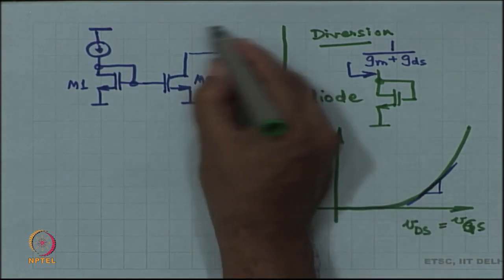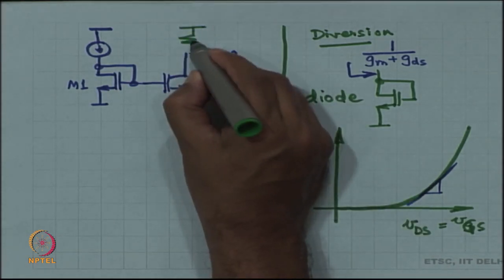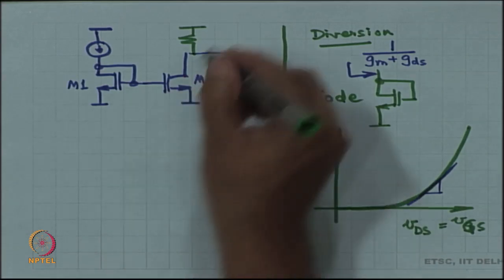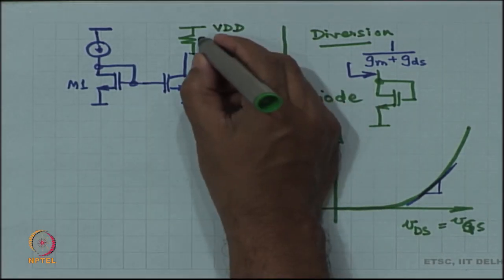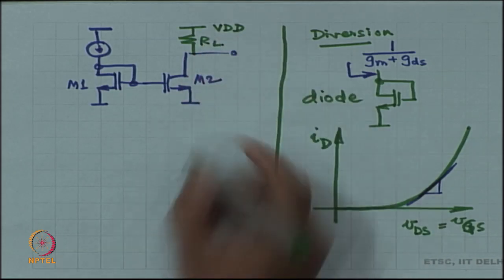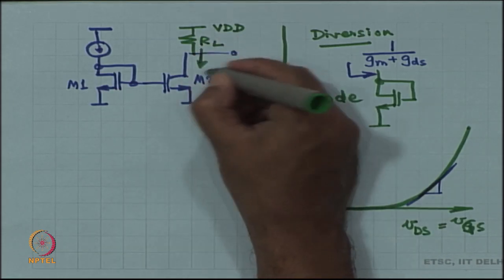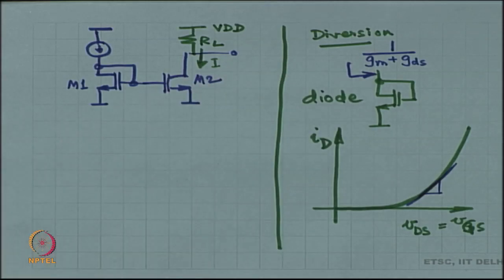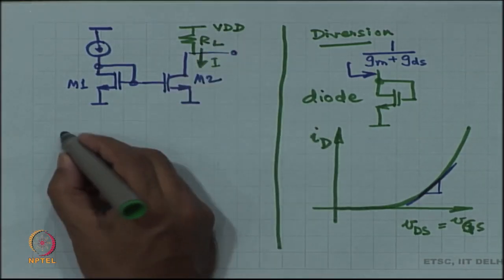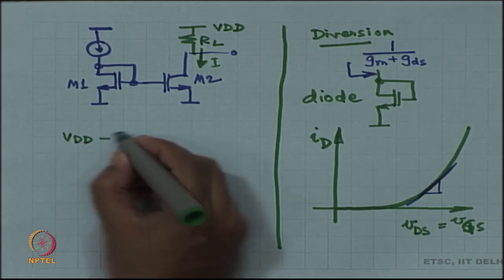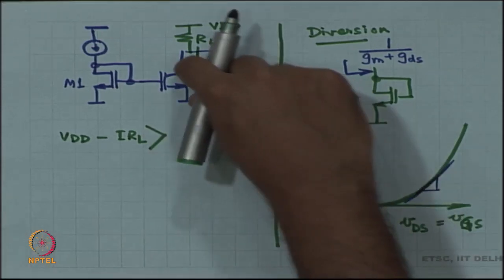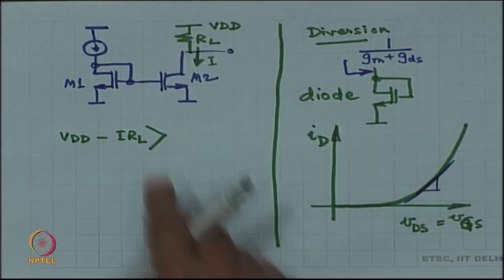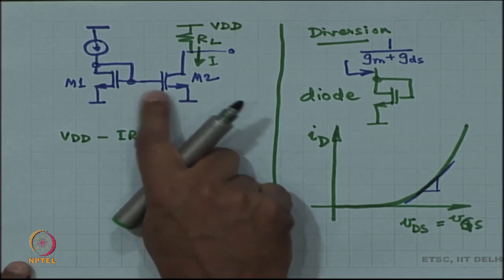And for this we have to work out the load. So, suppose you have got a load to a voltage VDD. So, VDD minus I times RL, that is VDS, has to be more than VGS minus VT.